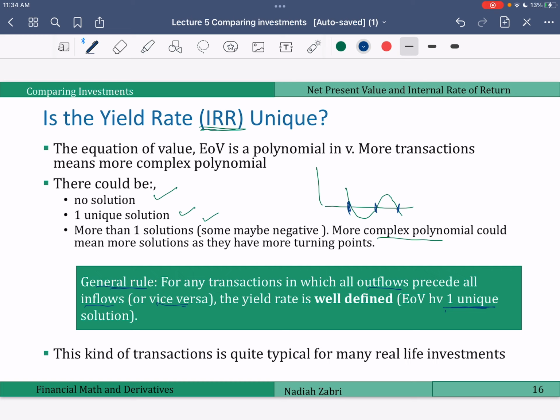And this scenario is quite common, because it's quite common for a project that we will have to fork out an amount of money in the beginning, and after that is paid, we will get a series of income. So it fulfills this condition, and there will be one unique solution for those types of projects.